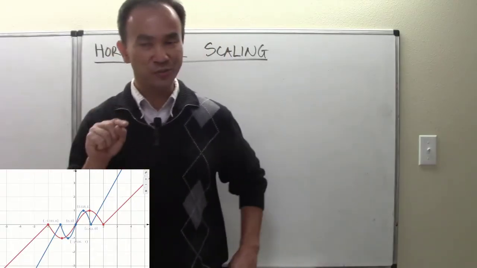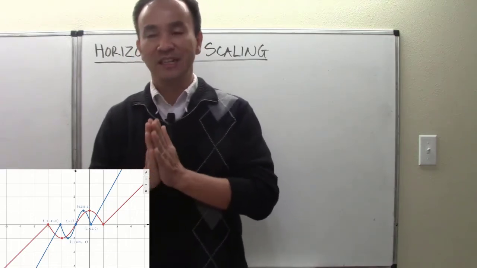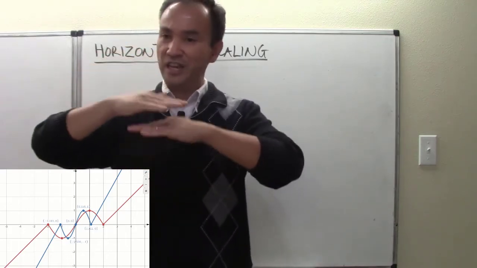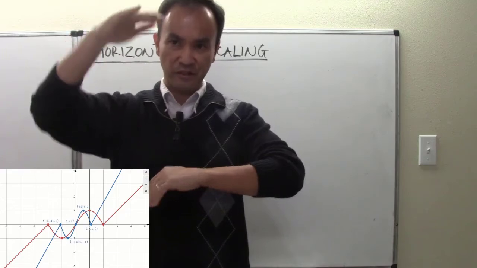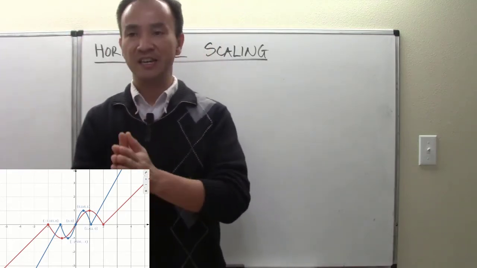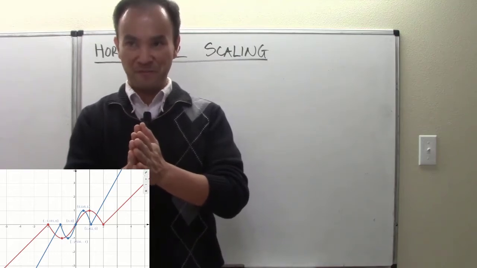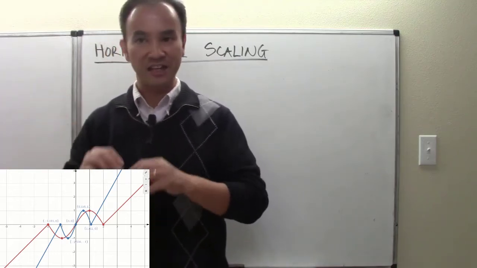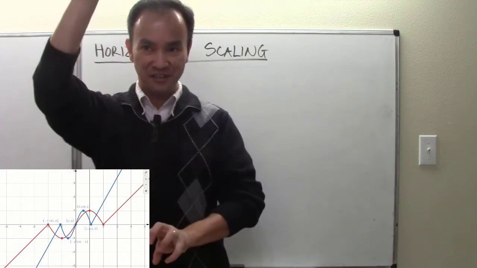So that tells me right there that it's not a vertical scale, because if the descendant function in blue truly was a vertically stretched version of the parent function in red, then every single point would be vertically stretched out.